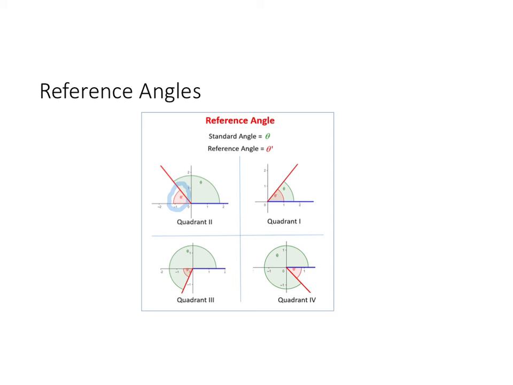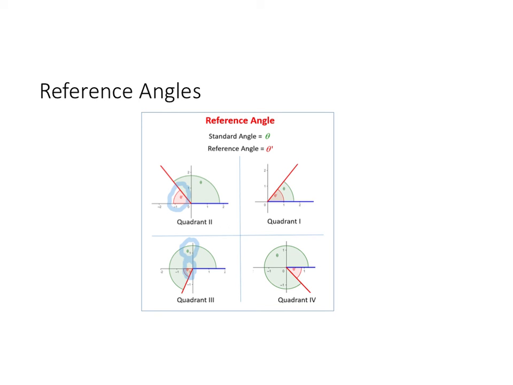All right, let's move down to quadrant 3. So our standard angle starts at the positive x-axis, goes all the way around, past 180 degrees, down into quadrant 3, okay? So that right there is your standard angle. The reference angle, again, goes from the terminal side of the angle to the x-axis. It is this angle right here, all right?